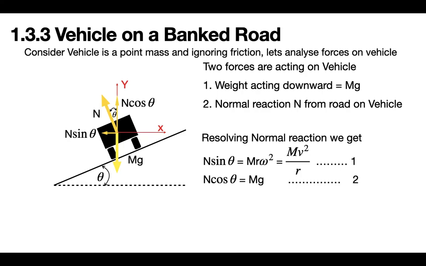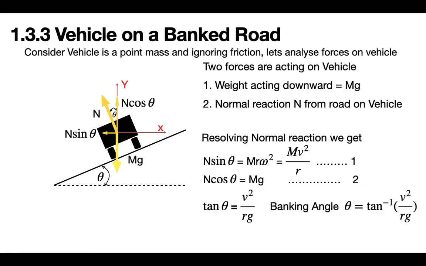And as the vehicle is not performing any vertical motion, we can say that N cos theta is equal to mg, which is the weight. So if you divide equation 1 by equation 2, you get tan theta is equal to V square by Rg, or the banking angle theta is equal to tan inverse of V square by Rg.